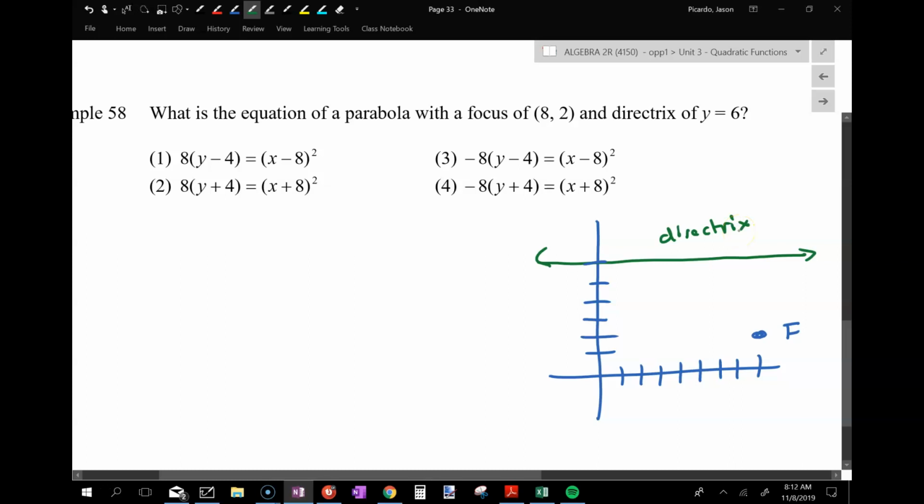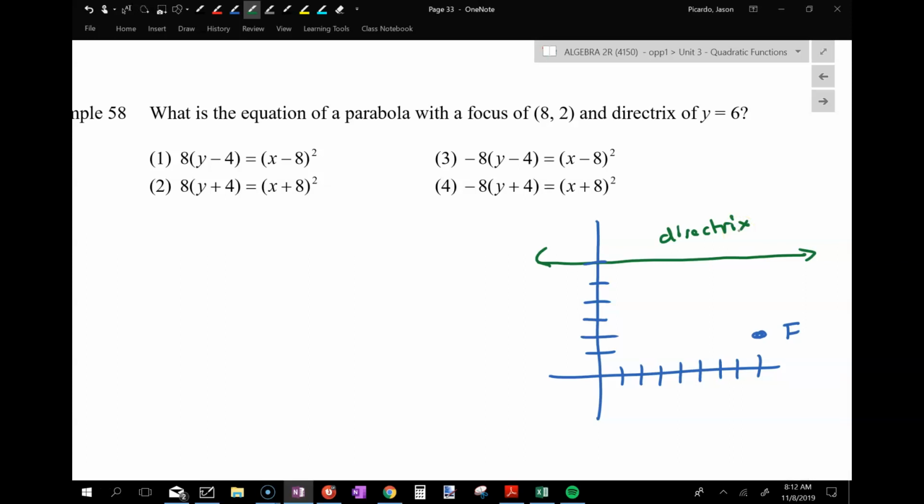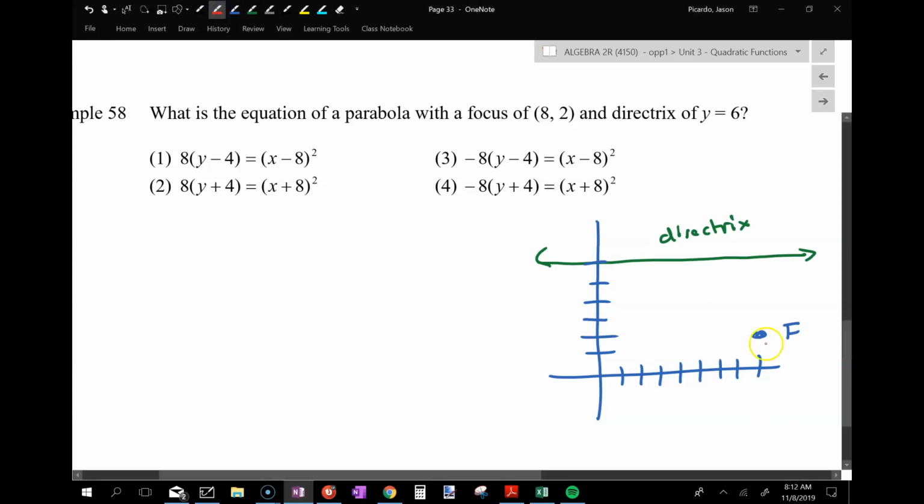If you've been paying attention at all, you know exactly where the vertex is. Plot it. Right there, right? The vertex is at the point 8, 4. Okay, so what am I going to do, guys?